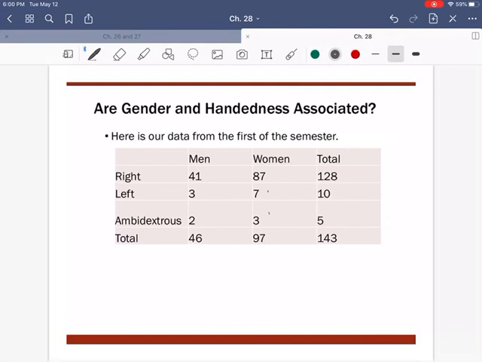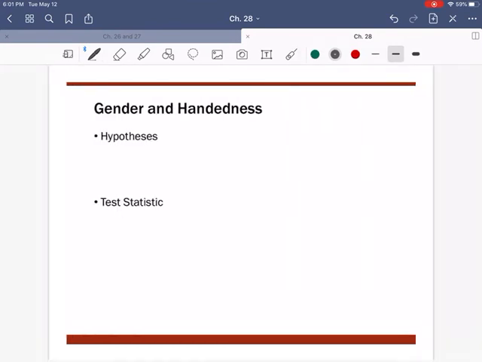So does it look like more women are left-handed than right-handed, or more women are ambidextrous than men? And I'm just choosing that because there's bigger numbers here. But we also see there's more women questioned. So we have this quick, easy chi-square test of independence. We don't have to take that into account. We let the calculator take that into account.